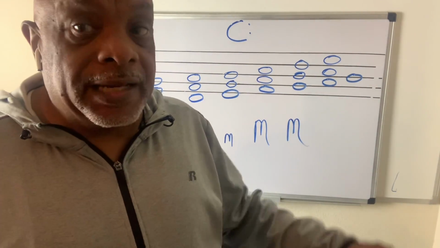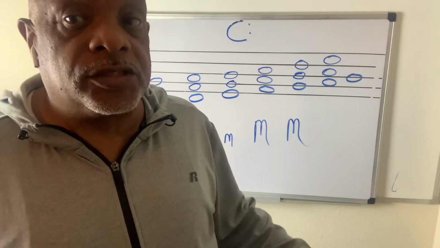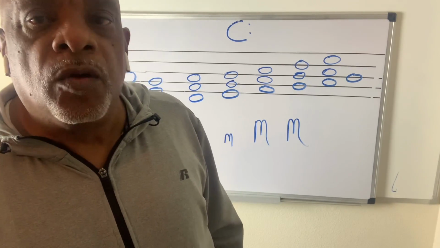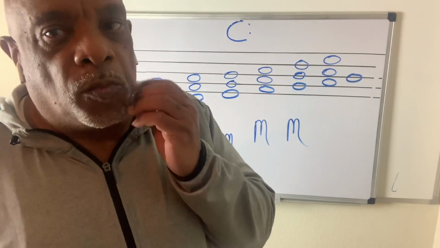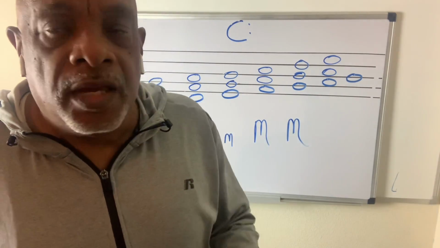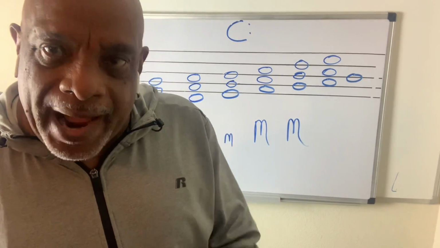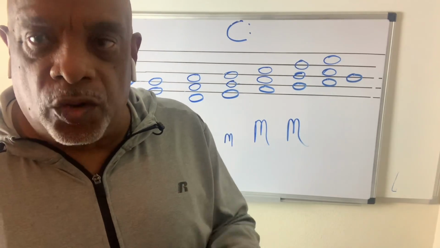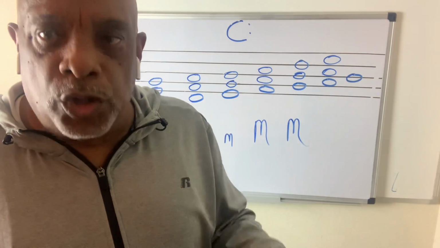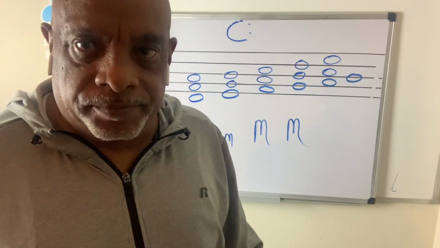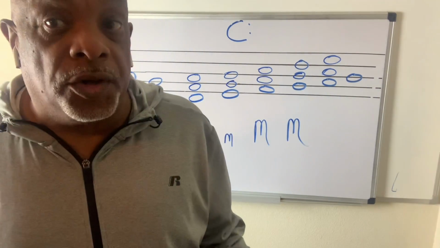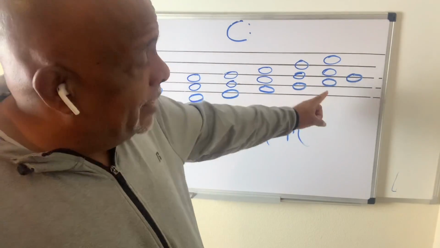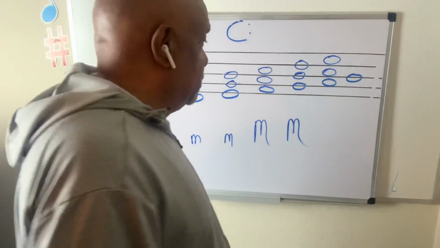So therefore, it has been lowered a half step, which makes it a minor triad. One more time, I know I keep repeating, but I want you to get it. A minor triad is noted by the lowering of the third. In this case, the C has been lowered a half step, making it a minor triad. So this is minor.